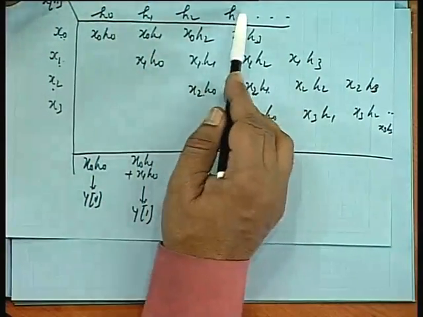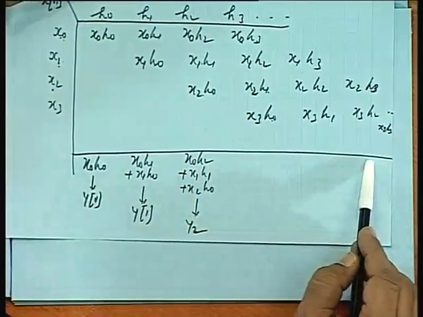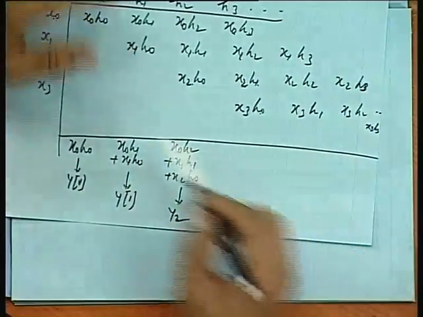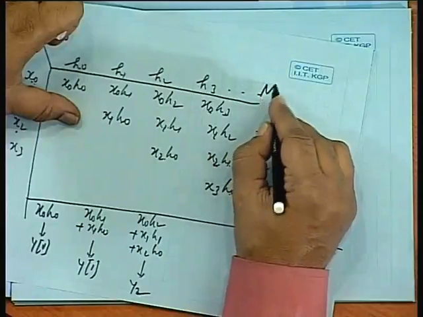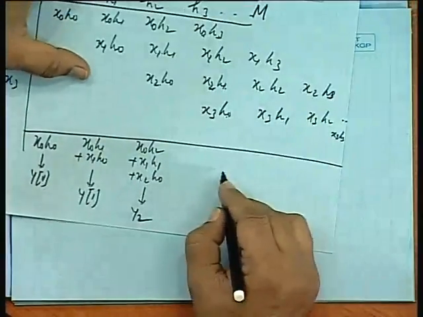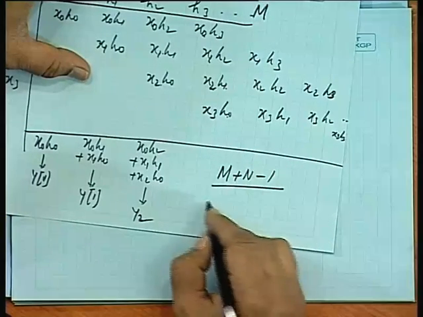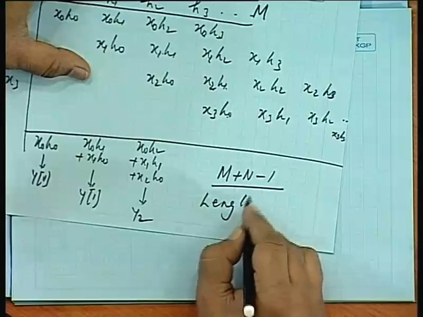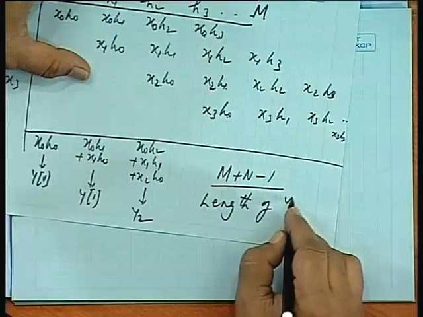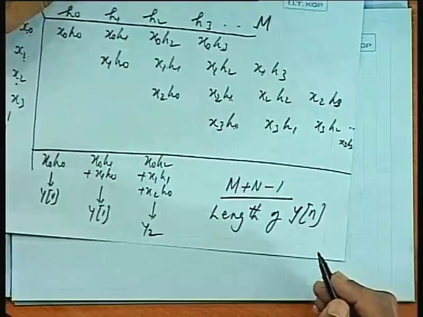So, it will be 4 plus 4, 8 minus 1. So, the length of the sequence will be 7. So, if this is of length m and this is of length n, then the length of the output sequence will be m plus n minus 1. This is the length of yn.